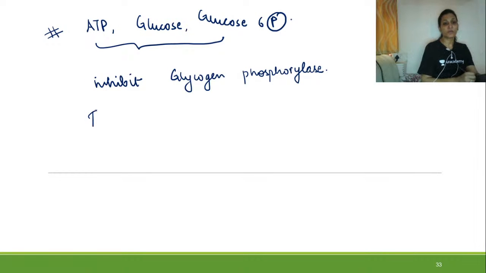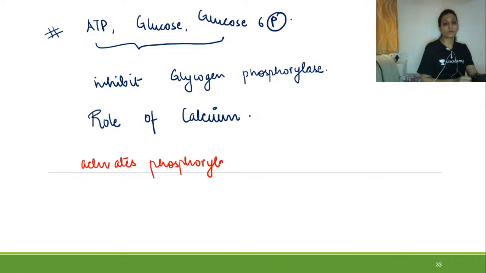Now talking about the role of calcium. So what is the role of calcium? It activates the phosphorylase kinase, which in turn activates glycogen phosphorylase.